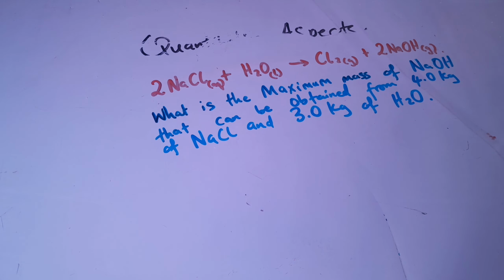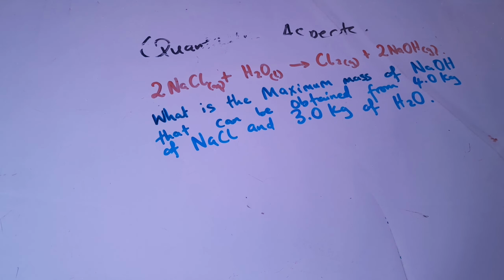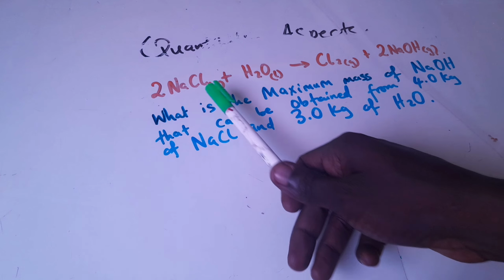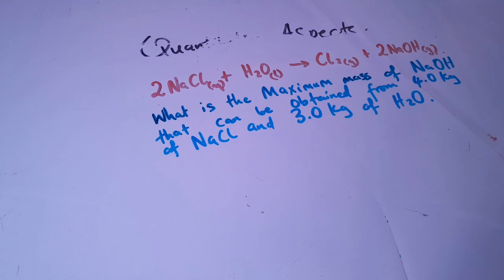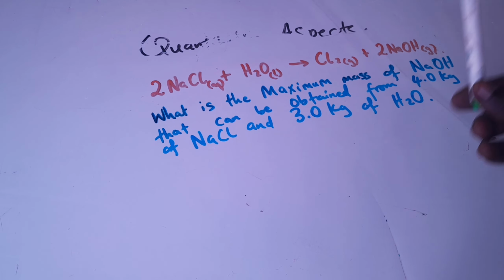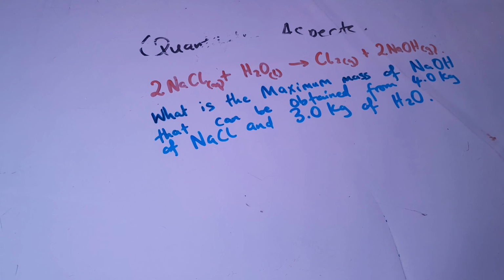If they're asking for the maximum that is going to be created, our best chance is to first find the number of moles of these two and find which one is the limiting reagent. And then after finding the limiting reagent, we are going to use it to find the product that they are trying to find.